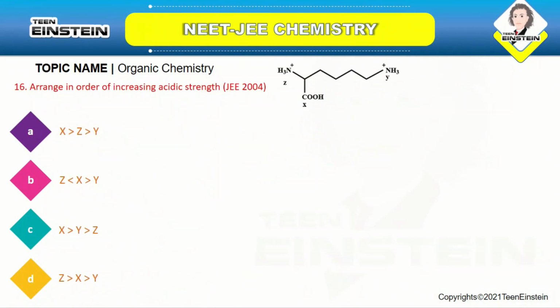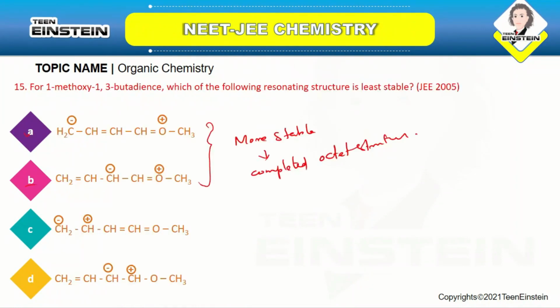Also in options A and B, the larger the number of resonating structures, the larger the stability. So both options A and B are more stable.